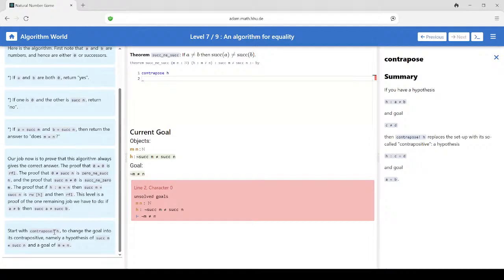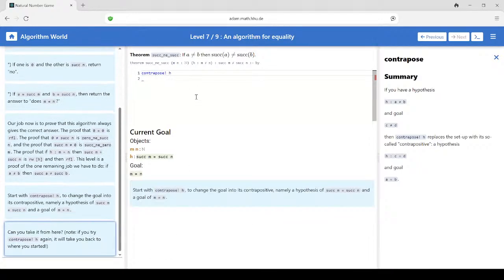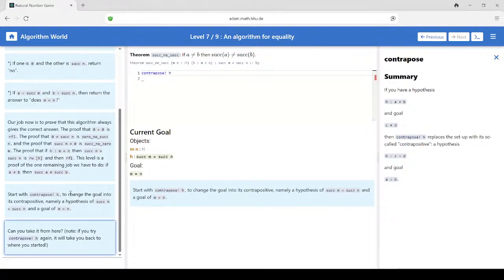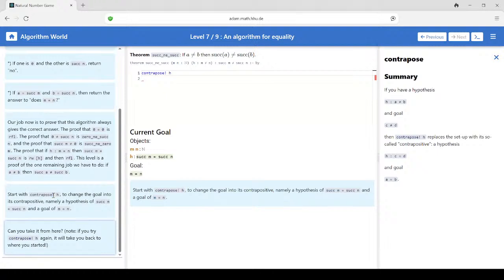Wait. I think I didn't... That's different. I didn't see that exclamation point. I thought it was just being excited. Start with contrapose. No, the exclamation point is part of it.